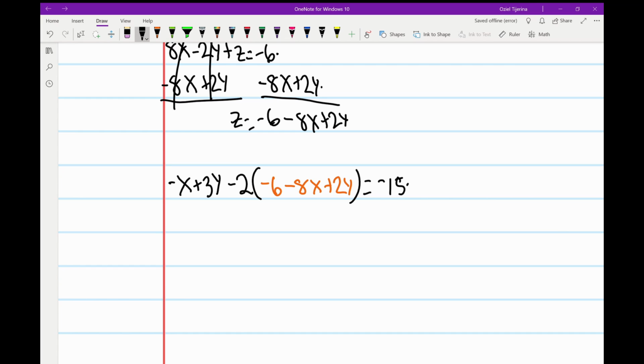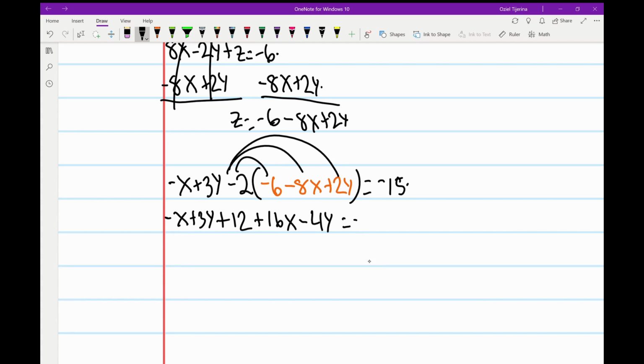So then what you do is you're going to go ahead and simplify this. So we have negative x plus 3y, and we're going to do distributive property, plus 12 plus 16x minus 4y equals negative 15, okay?